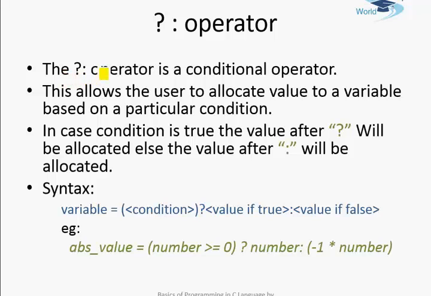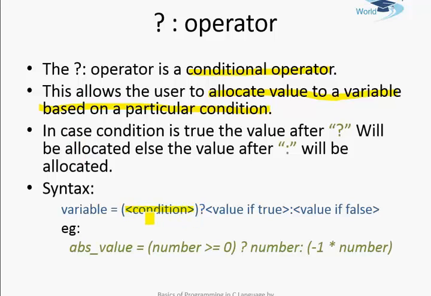The question mark colon operator is a conditional operator. This allows the user to allocate a value to a variable based on a particular condition. So the value is allocated to the variable on the left hand side based on a particular condition. The condition is specified before the question mark.